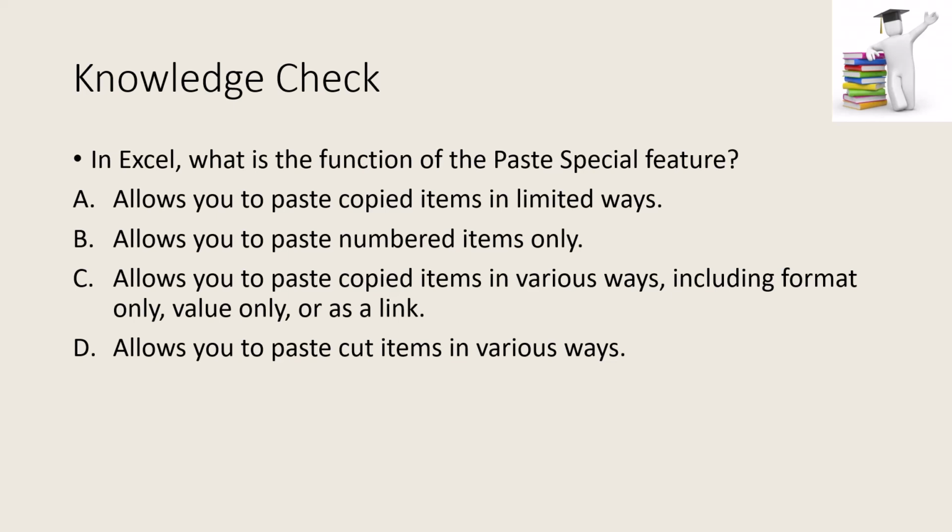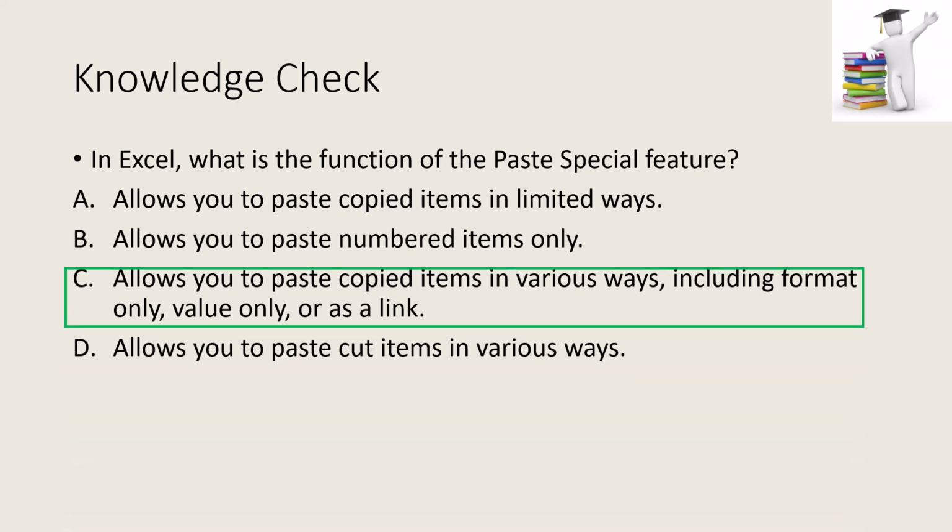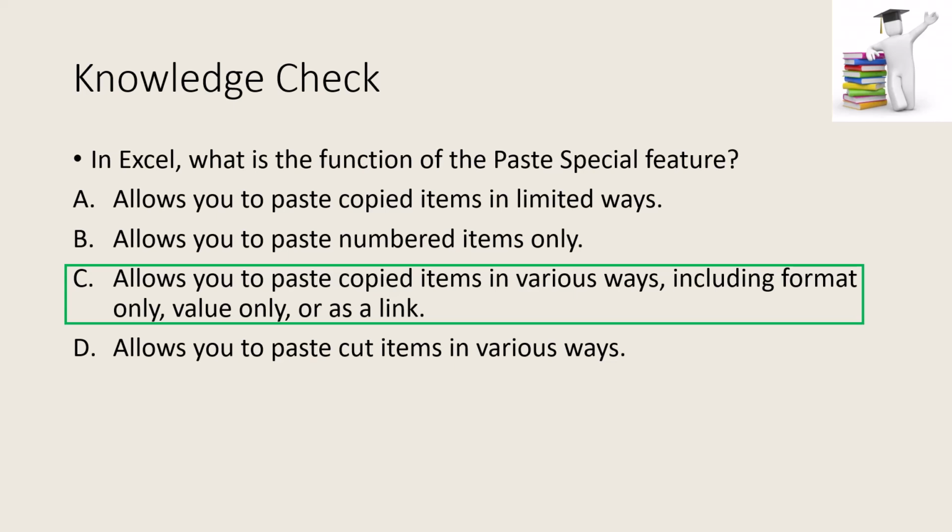D. Allows you to paste cut items in various ways. The answer is C. Allows you to paste copied items in various ways, including format only, value only, or as a link.